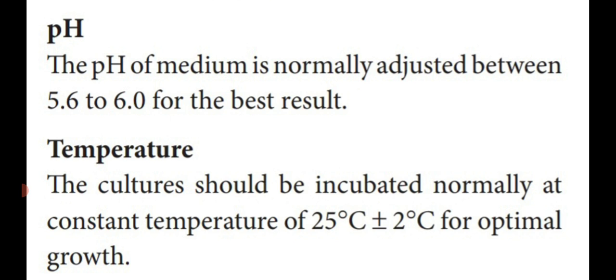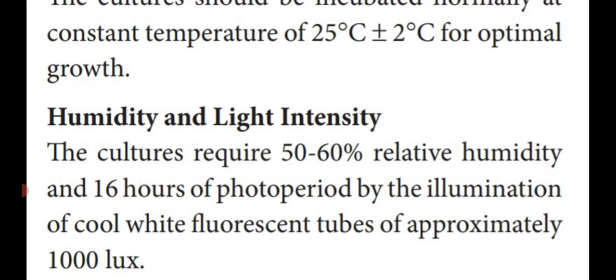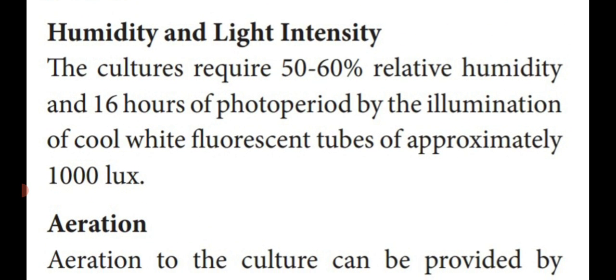Temperature 25 degrees Celsius plus or minus 2 means it can extend to 27 or down to 23. Then humidity 50 to 60%. Photoperiod how many hours? 16 hours. Light intensity is 1000 lux.